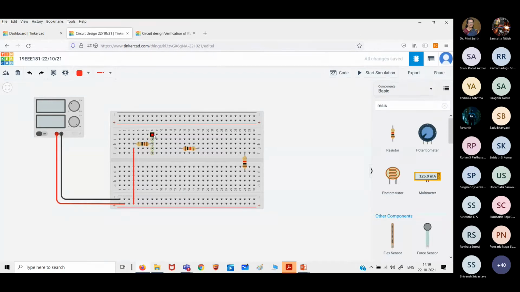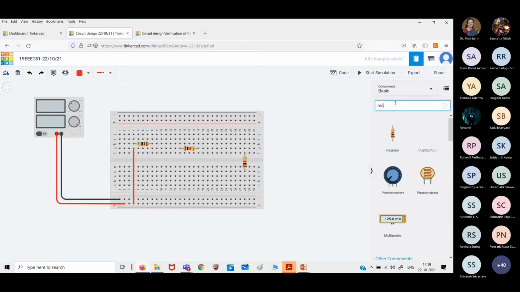At this point we need to connect an ammeter. I hope all of you are seeing your manuals. What is after the resistor? Ammeter. Yes, ammeter. So here, instead of an ammeter, we are having something called a multimeter.